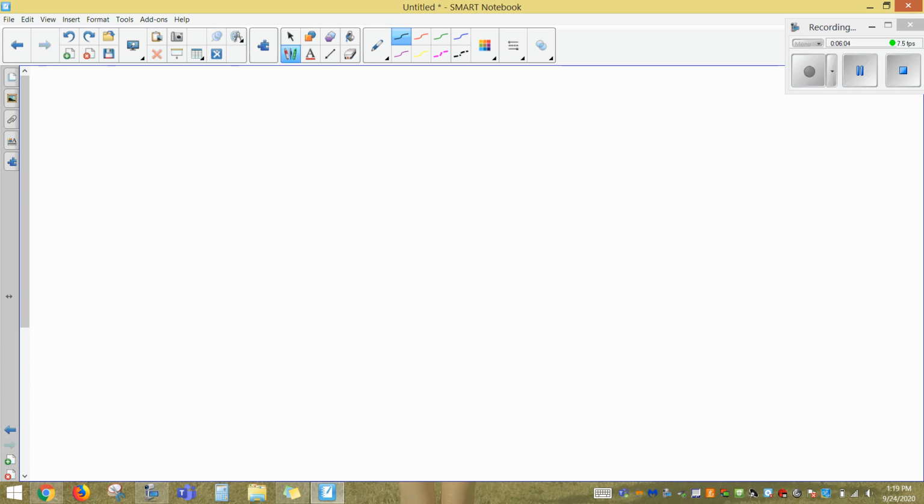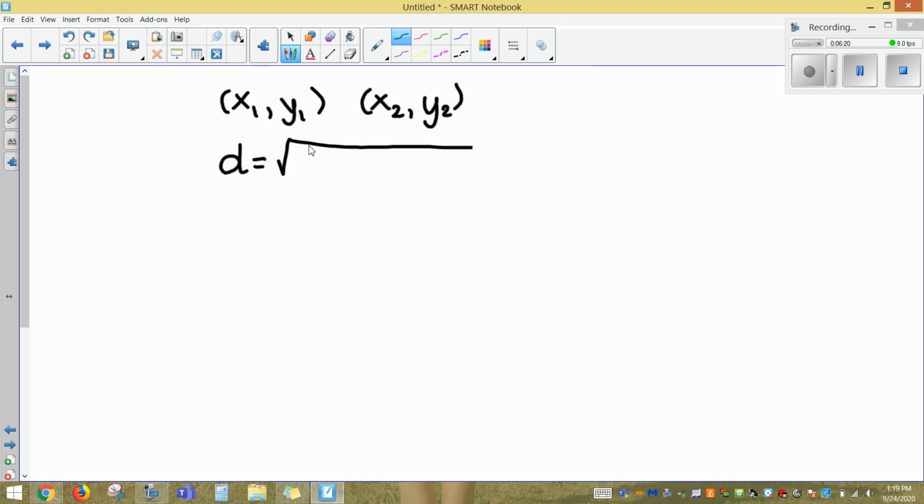But if you look in your book at the distance formula, it says if you have 2 points on your page, x1, y1, and x2, y2, if I want to find the distance between those points, it's the square root of x2 minus x1, that quantity squared, plus y2 minus y1, that quantity squared. Okay, all of that under the square root.